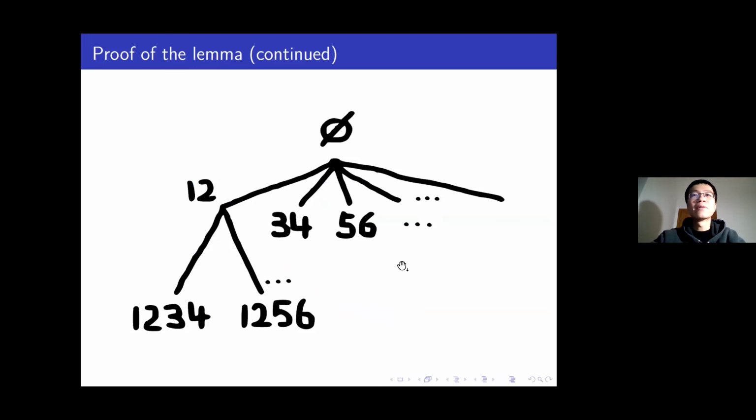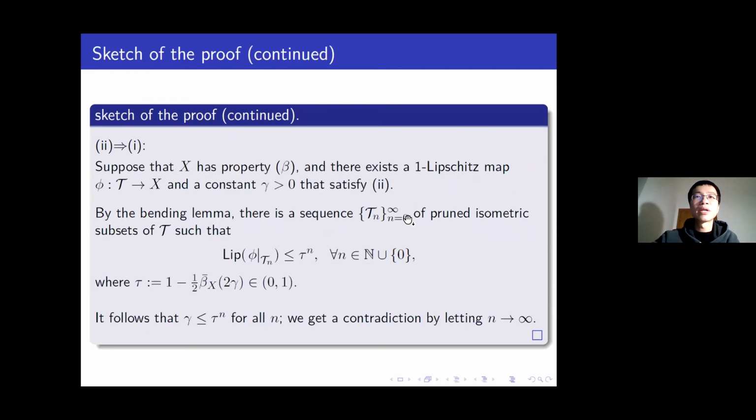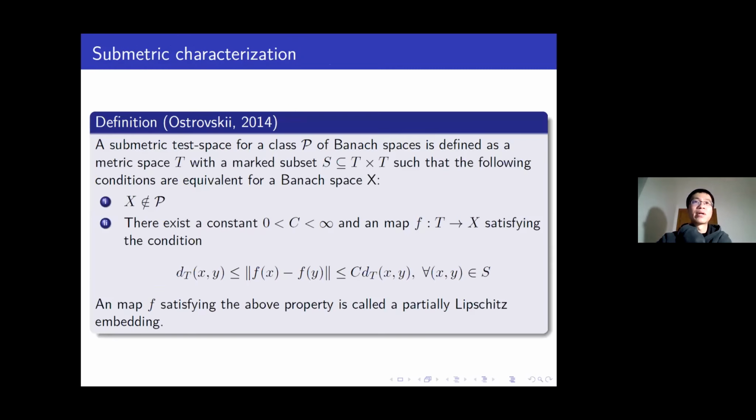And actually, this type of metric characterization is different from those that we usually see, I mean those in terms of Lipschitz embeddability of certain graphs. In the language of Ostrovskii, this type of metric characterization is called a submetric characterization.